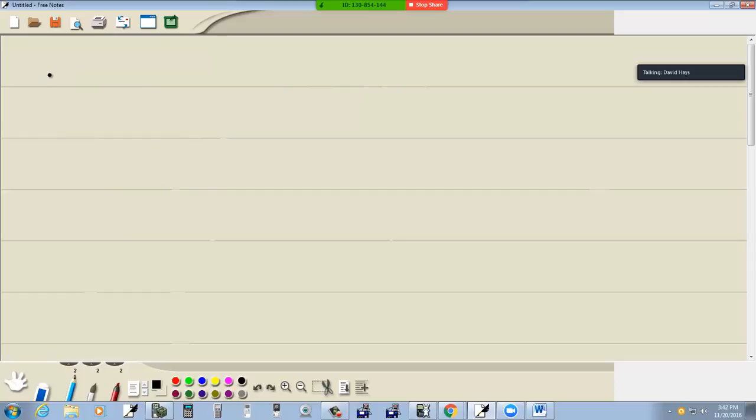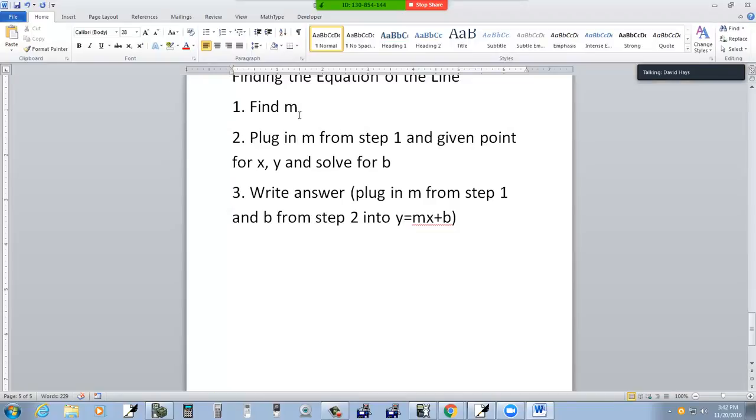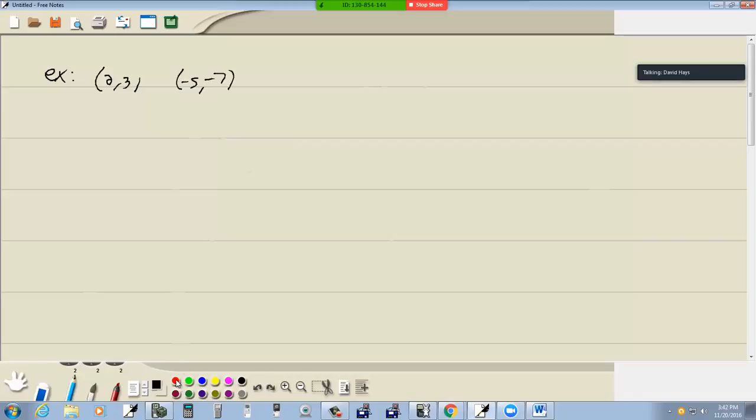So if I am given 2 points, like 2, 3, and -5, -7, and the instructions are to find the equation of the line. First step is to find m. Well, we've already looked at a formula for finding m given 2 points. So this will be x1, y1. This will be x2, y2. And our slope is y2 minus y1 over x2 minus x1.